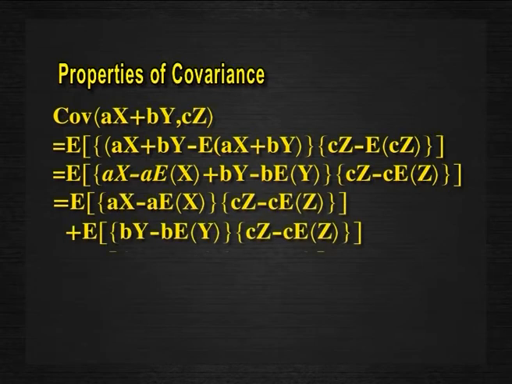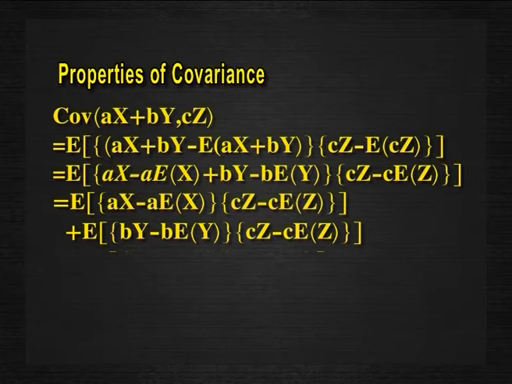which is equal to expectation of [aX - a E of X] into [cZ - c E of Z] plus expectation of [bY - b E of Y] into [cZ - c E of Z].